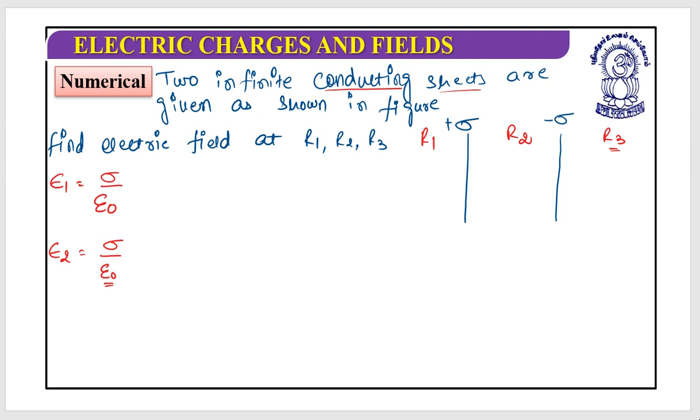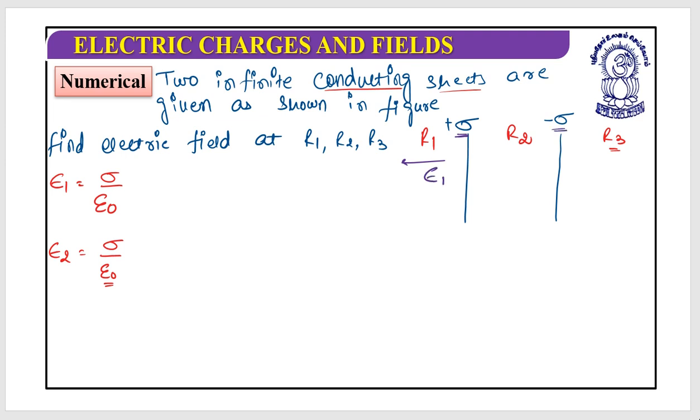It is the direction. So how could I do this? Let's say this is sigma and it is positive. For a positive sigma, electric field lines should be moving outward from the body. This is the direction of E1.